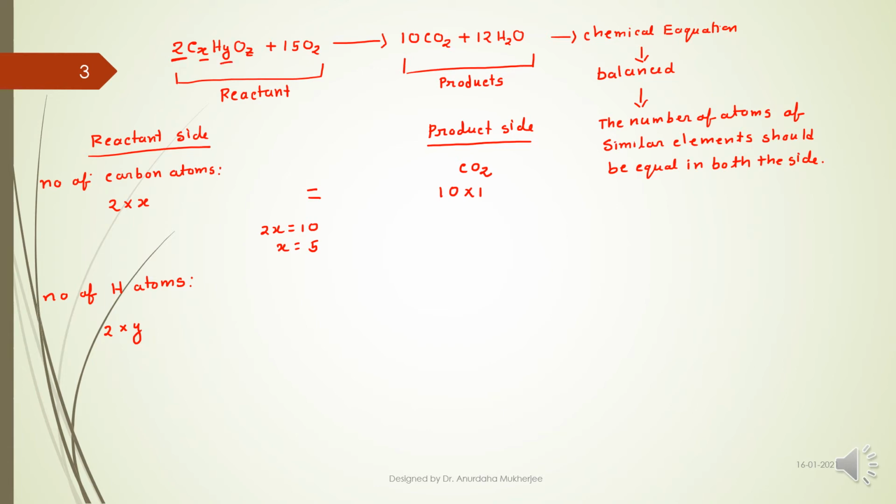The hydrogen atoms in the product side are only in the H2O molecule, where 12 is the coefficient and 2 is the subscript. So 2y equals 24, so y equals 12.